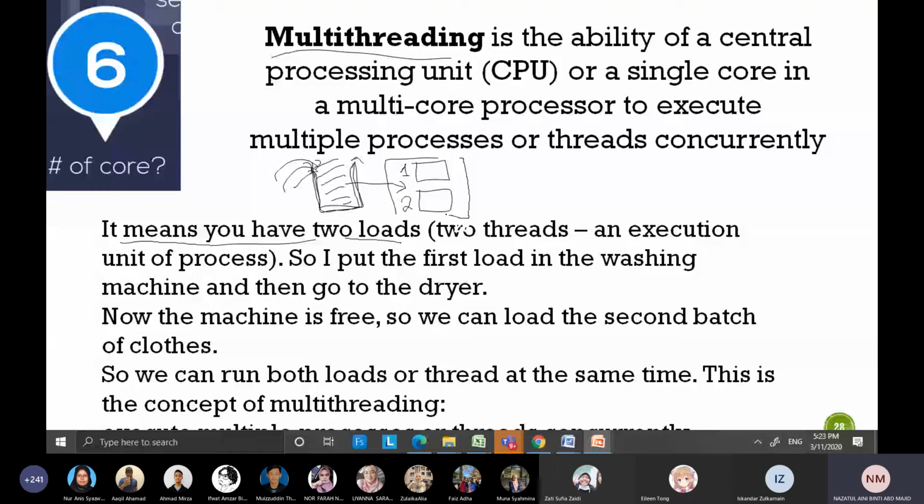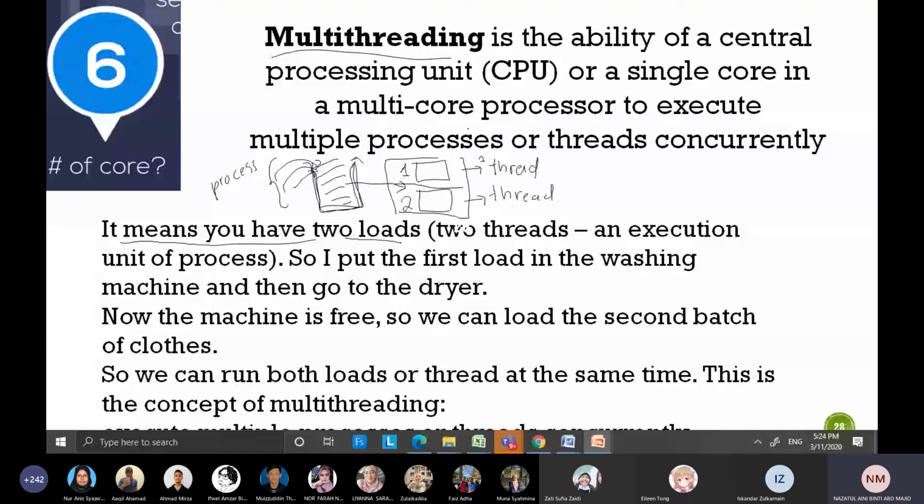This load, you can imagine as one thread, this one as one thread, and this one as your process. Okay, can you get that? Yes or no?